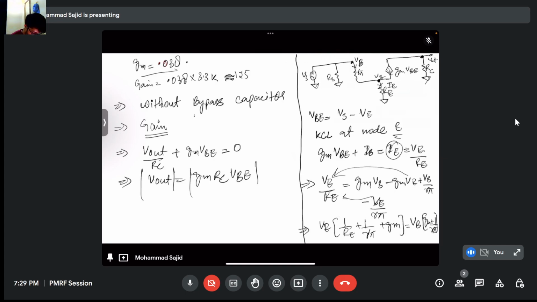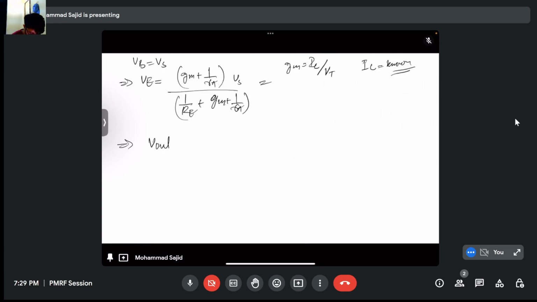Now can you find V output? V output is GM RC VBE, that is VB minus VE. That will give me GM times RC. VB is VS minus VE.